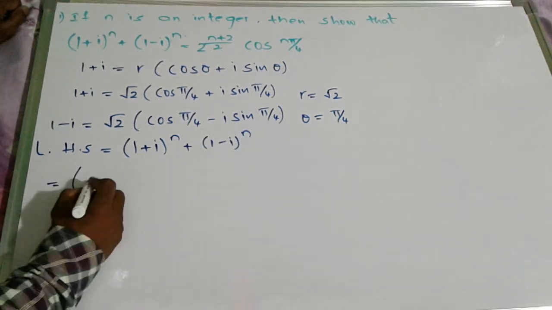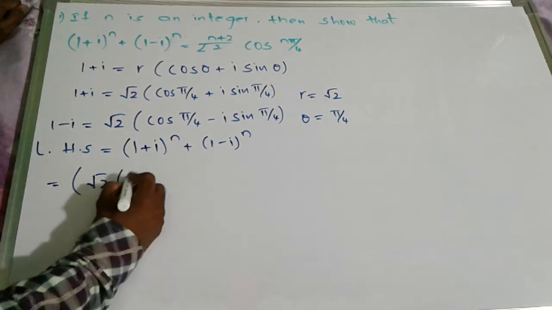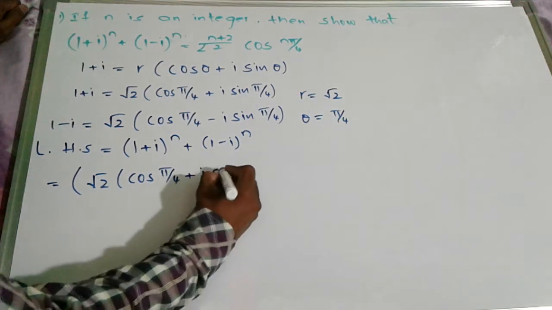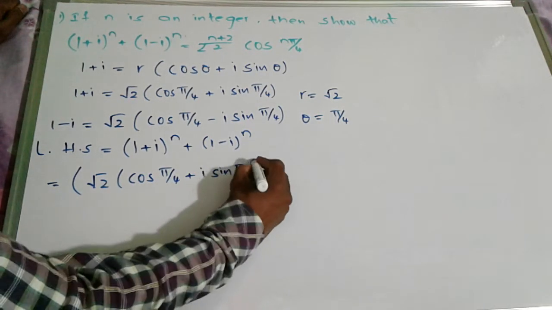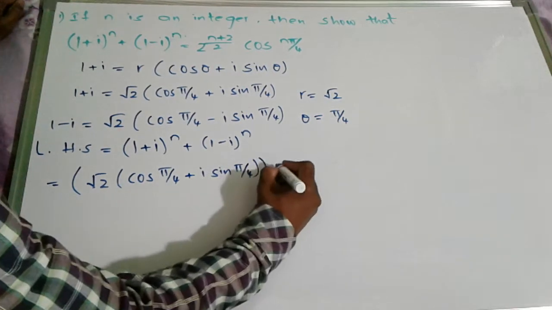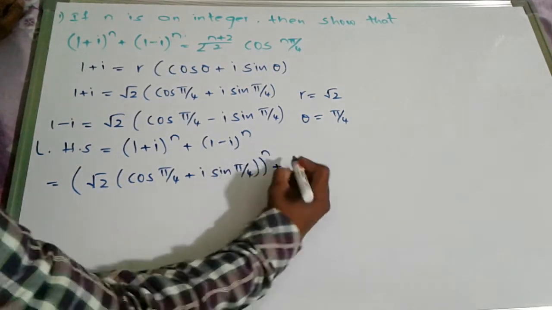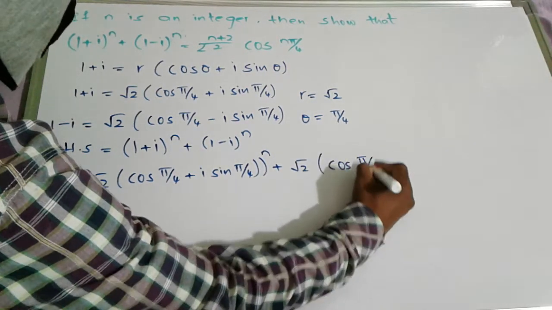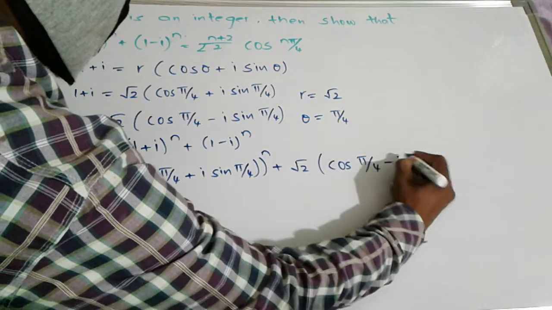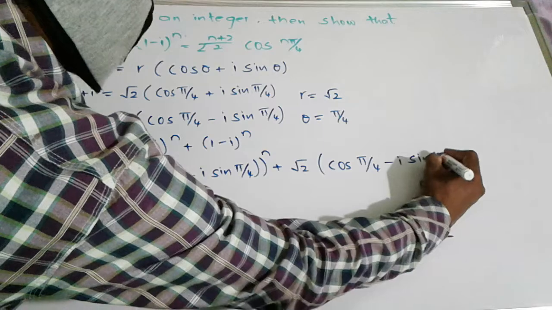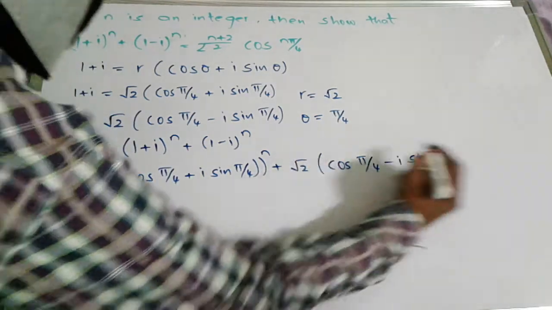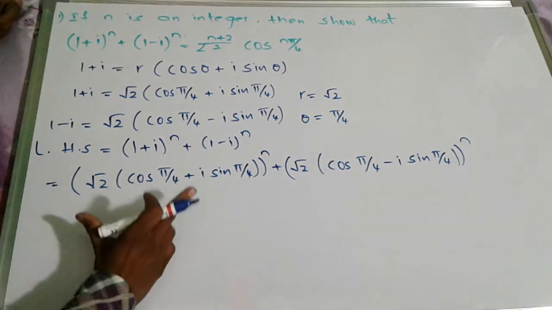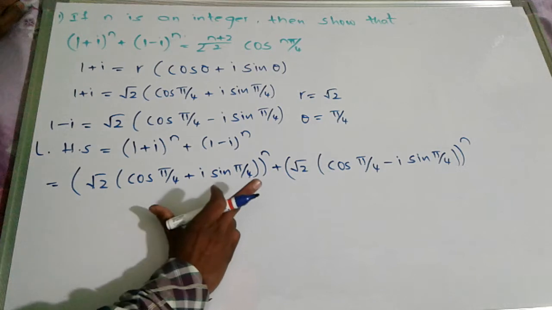So let's do this quickly. Root 2 times cos pi by 4 plus i sin pi by 4 whole power n, plus root 2 times cos pi by 4 minus i sin pi by 4 whole power n. So in this step we have to apply de Moivre's theorem.